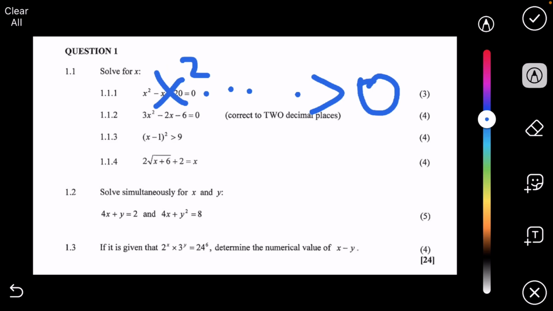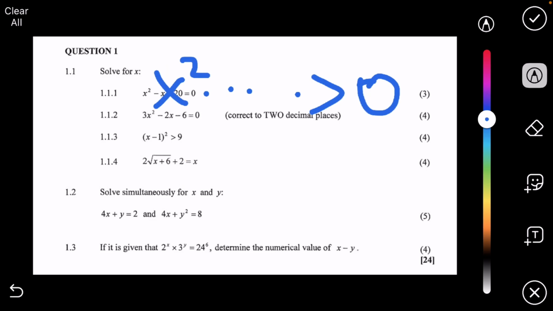This is because obviously you've worked out with that 9 being on the other side of the equation. Okay, so now that it's equated to 0, ladies and gentlemen, remember, guys, this is the inequality. It's a quadratic inequality.